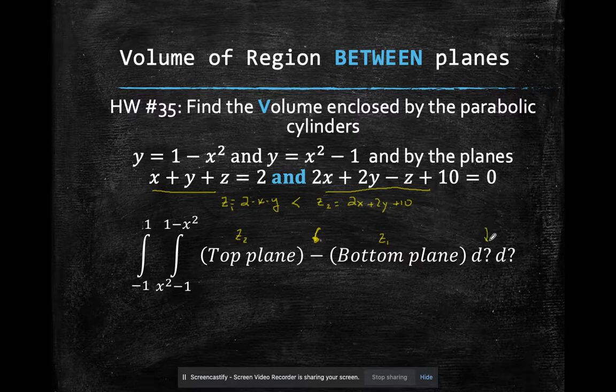Notice I'm saying to myself, I wonder what I'm going to choose to be my limits of integration. But I want you to look at the values that I put already on the integrals. Both of these equations were given to me in terms of y.